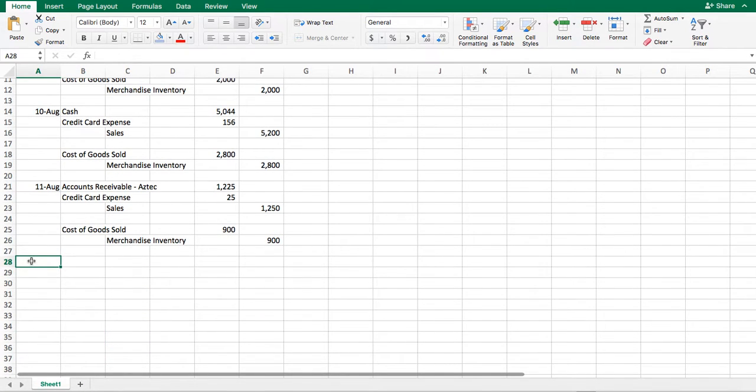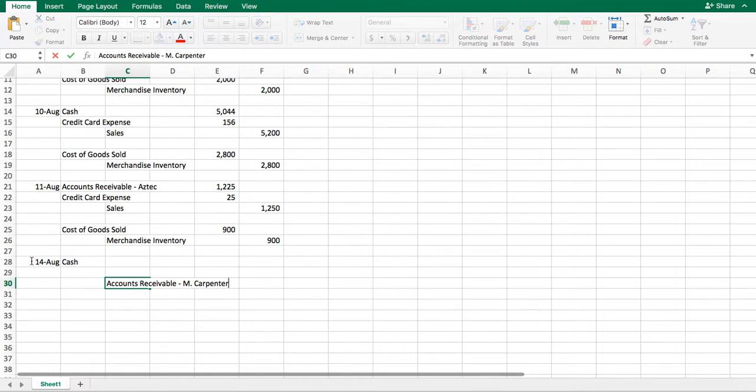Okay, the next transaction happens on August 14th. On August 14th, we received Carpenter's check in full payment for the purchase of August 4th. And so we received cash. We would decrease accounts receivable because they paid that in full. But if you remember, and I'm going to put this in the note here so you can see it, we have a sales discount.